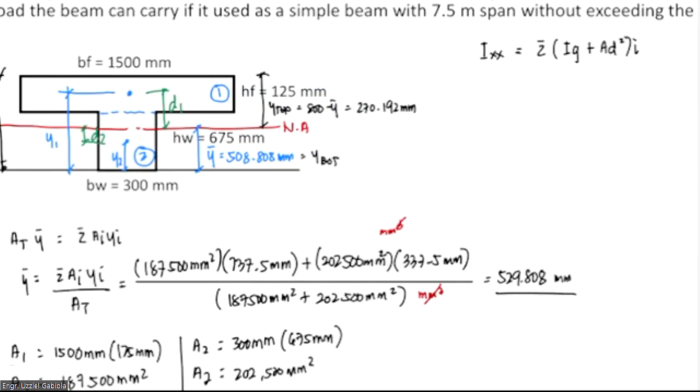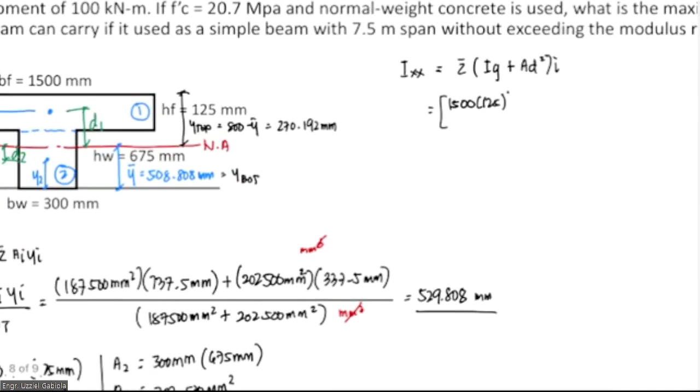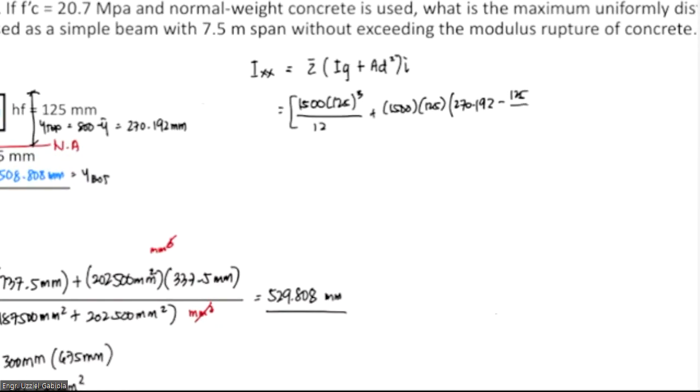So inertia of the first one. We have 1,500 times 125 cubed over 12 plus 1,500, the area, times 125, times the distance, as we mentioned earlier. I'm neglecting sign first. So we have 270.192, that is the y top, minus half of 125, the height of the flange, over 2 squared.